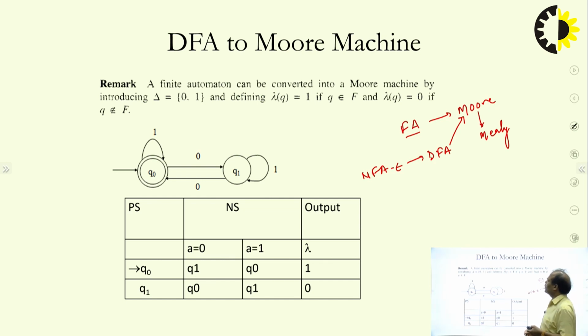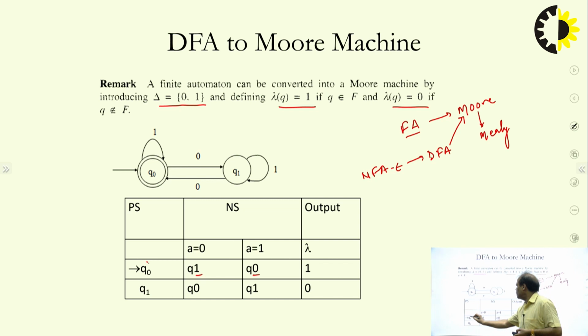How to convert a deterministic finite automata to a Moore model is very simple. In this Moore model, the output alphabet is only 0 and 1. If the present state is final, the output function is 1, and if the present state is not final, the output function is 0. That is the only difference. Delta remains the same. Look here, Q0 on 0 reaches Q1 and on 1 reaches Q0.